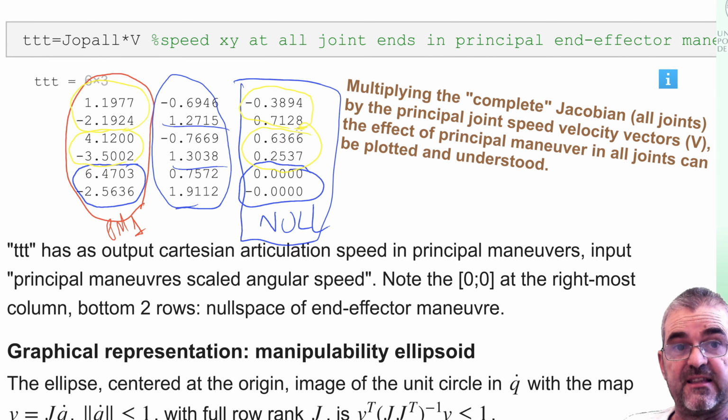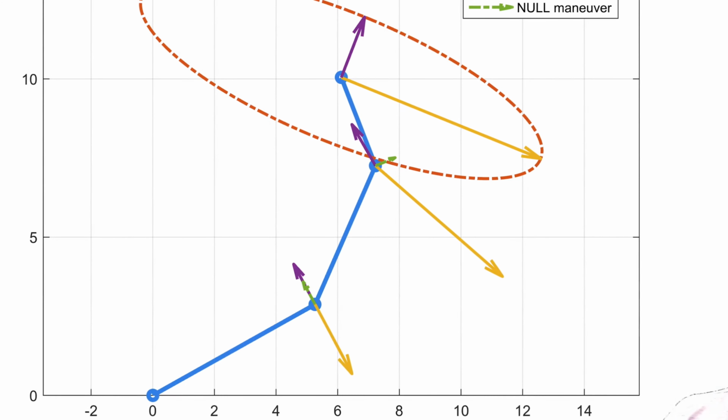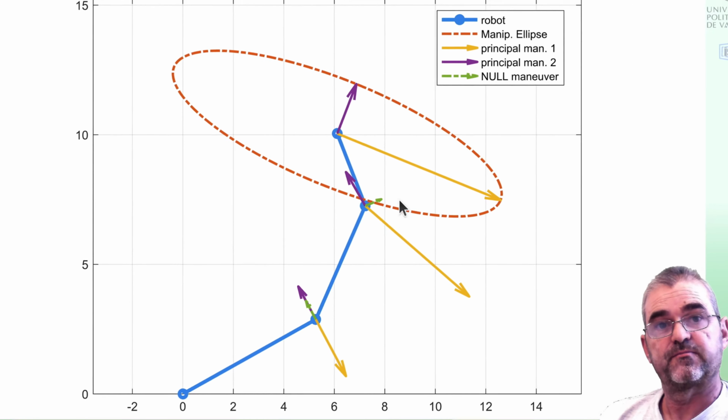And then I did draw 2 arrows in those intermediate joints in another color, in green, representing the null maneuver. So with some angular speed corresponding to the third column of the V matrix in the SVD decomposition, these 2 joints move a little bit in these directions, but the end-effector does not move.